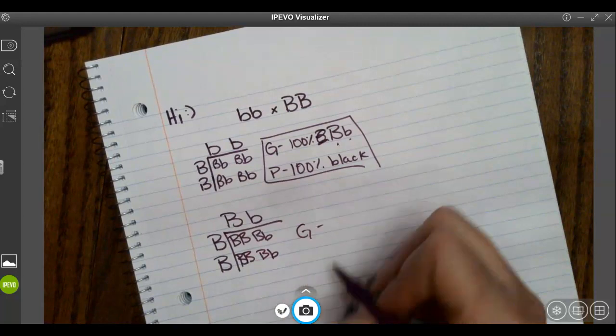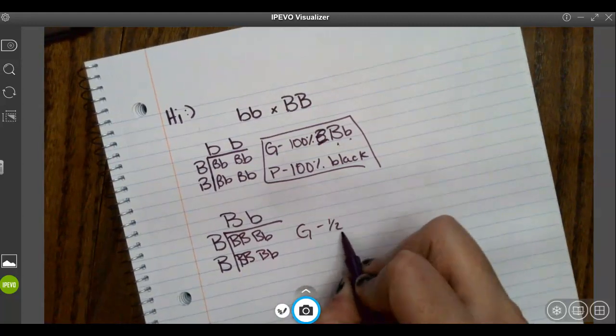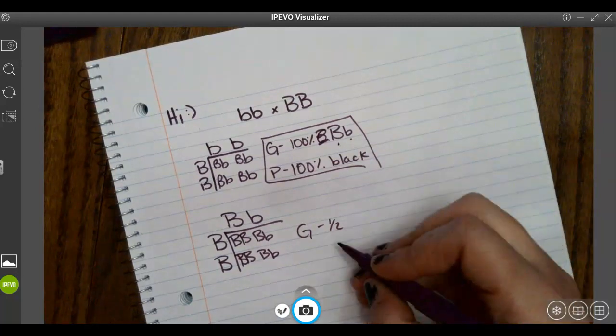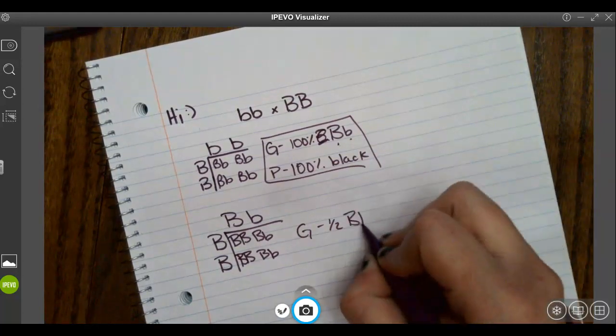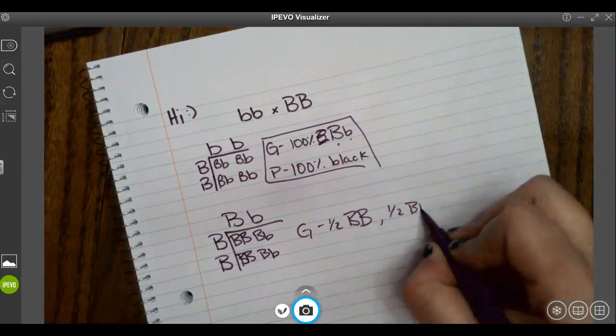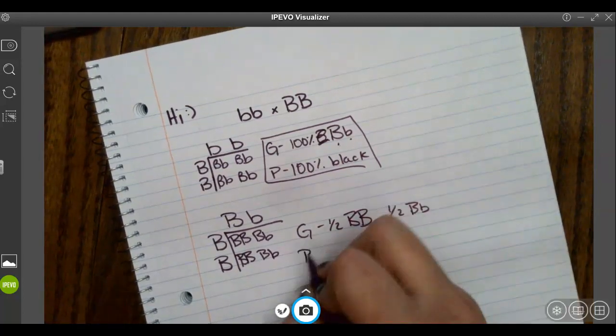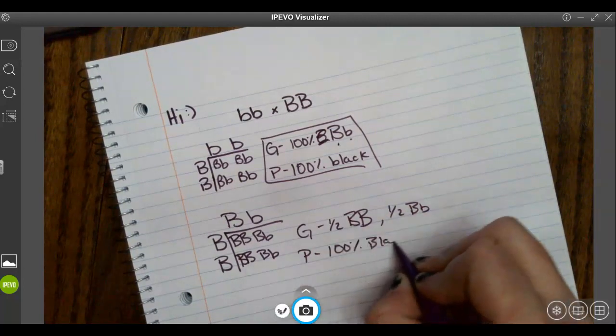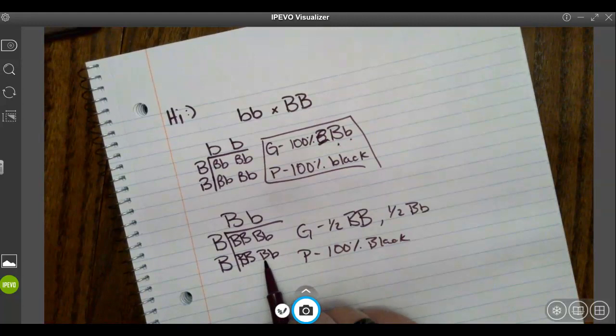My genotypic percentage of the babies, half of them, and I think it's fine to go back and forth between a percentage and a fraction, but half of them are homozygous dominant, the other half are heterozygous, but they still all are black. Because again, if you have that dominant allele, you're doing what that dominant allele says.